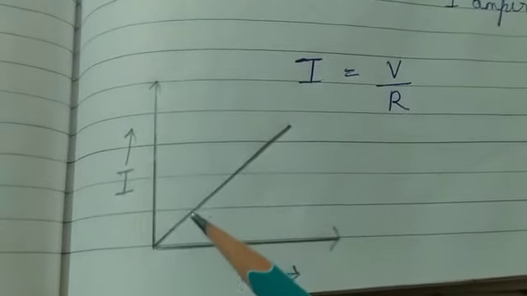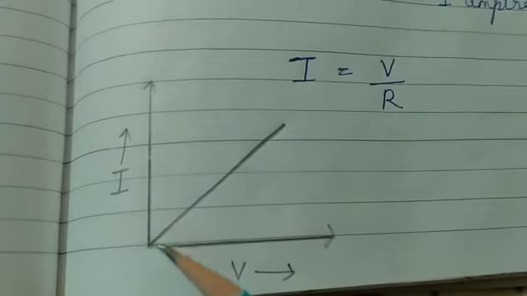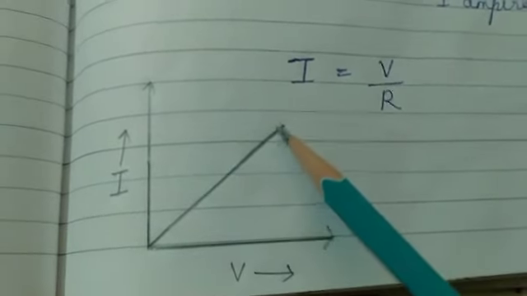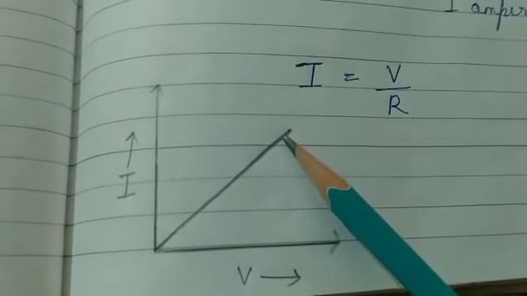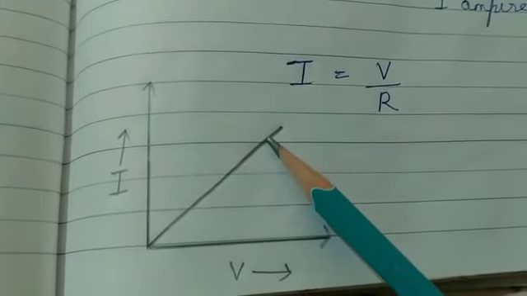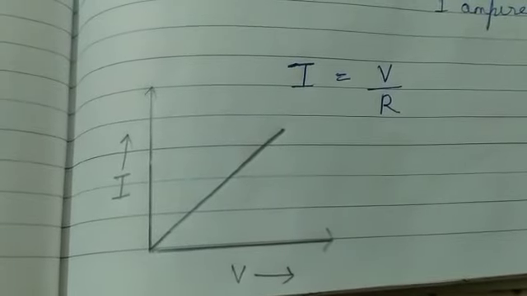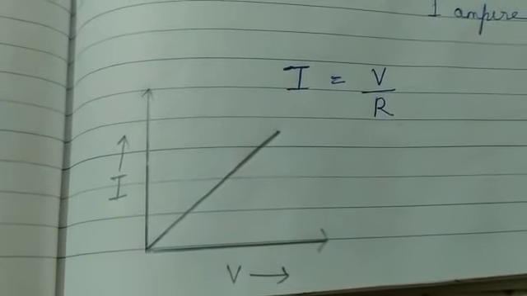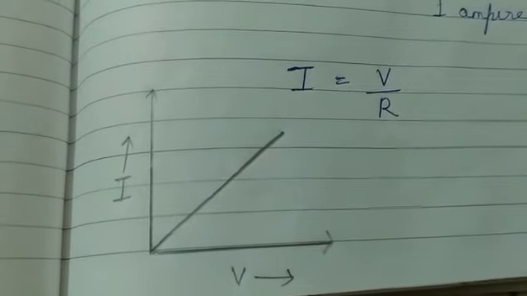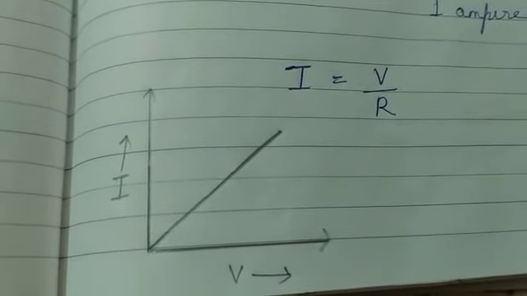But if by the values of V and I we are not getting a straight line, that means Ohm's law is not verified here. That conductor is not following Ohm's law. Okay, if any conductor is following Ohm's law, it is called ohmic conductor. If it is not following Ohm's law, it is called non-ohmic conductor.